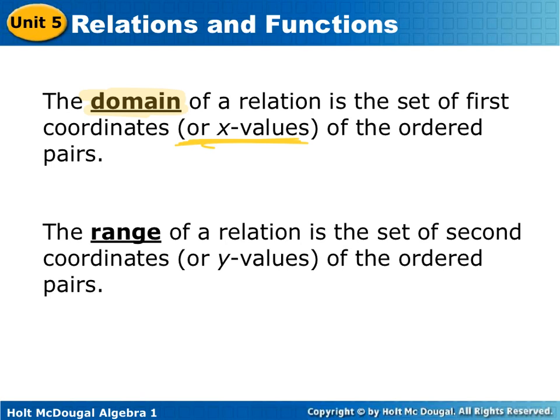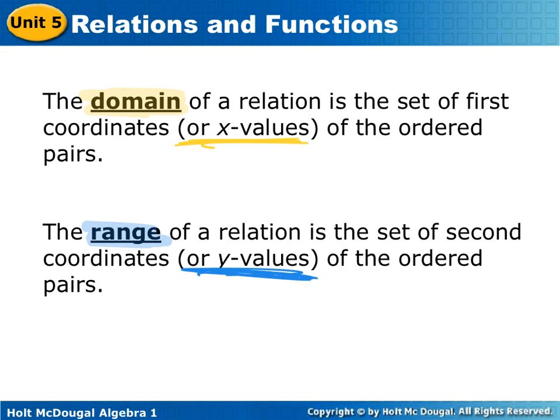So when you think about domain, you want to think of x values of ordered pairs. And then vice versa, when you think about the range, you want to think about the second coordinates or the y values, okay? So the biggest thing to think about here, your domain is always going to be your x's. Your range is always going to be your y's.